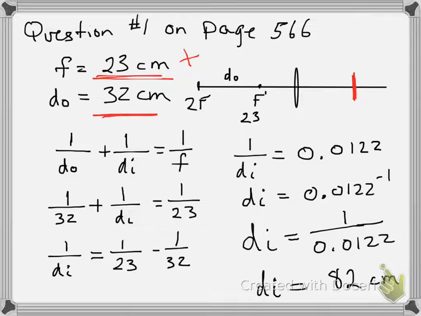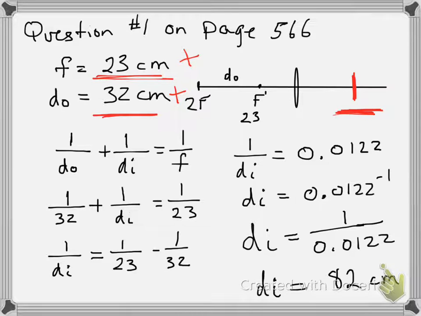And because it's real, this is also positive. So when you read through the question, those are some key components. You have to know the focal length, and you have to know whether it's a converging or diverging lens, and you need to know the distance of the object, which, wherever that position is, will determine where the image is going to be located on the real side.